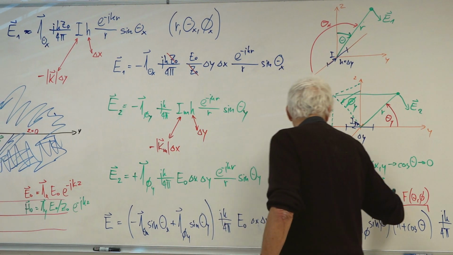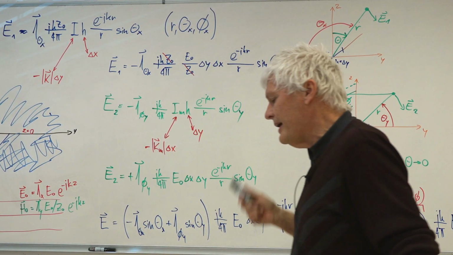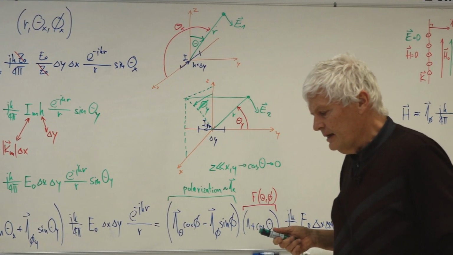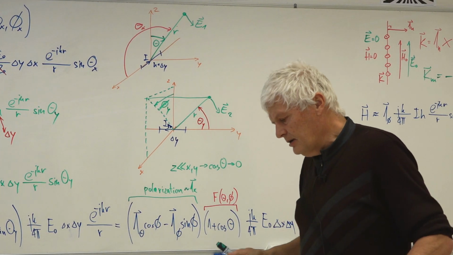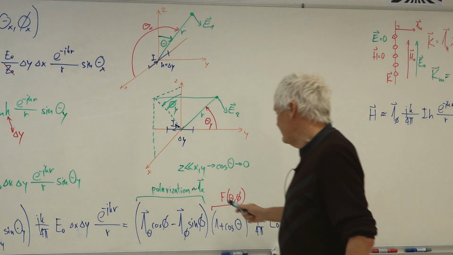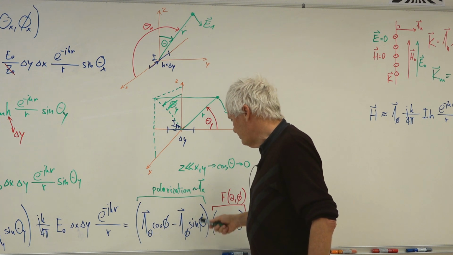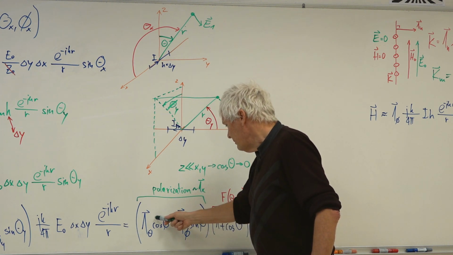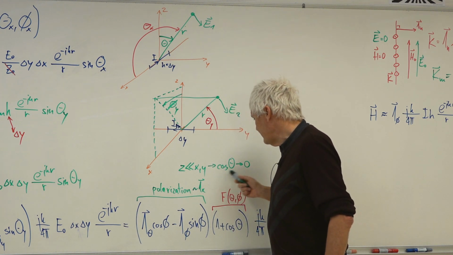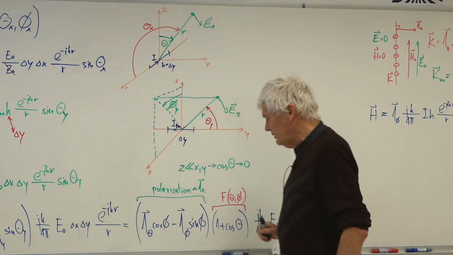But we need this complicated expression because 1x is okay on the z-axis, but 1x anywhere else also has a radial component. We know that radiation may not have a radial component. There are no longitudinal electromagnetic waves. The Maxwell equation prohibits that. So we have to account that these things turn as we move around the space to avoid any radial component. That's the reason why we cannot write simply minus 1x here. But close to where cosine theta is equal to 0, this expression is very close to minus 1x.